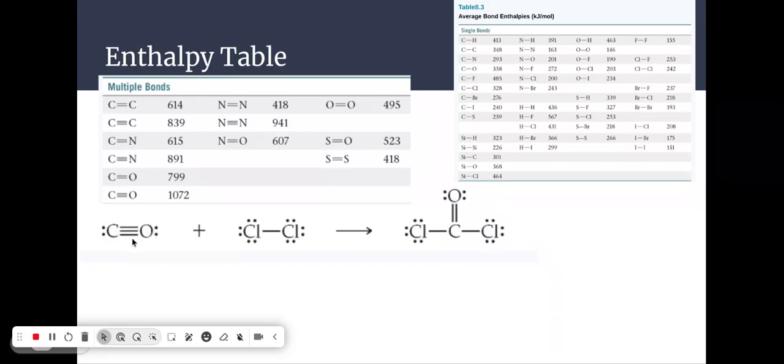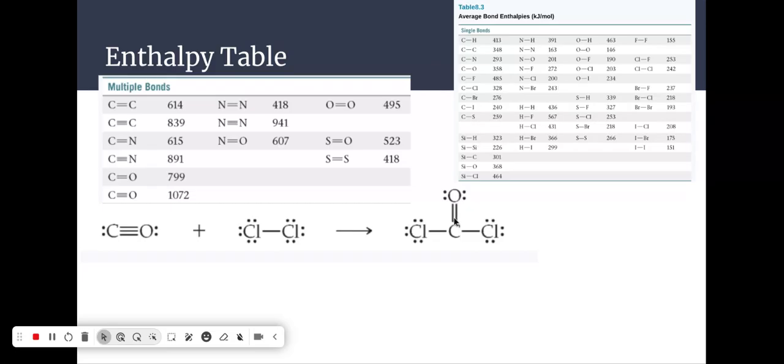The carbon and oxygen are connected by a triple bond, and the chlorines are just connected by a single bond. Over here, the bonds are different, so that's how you can calculate it, and you want to use the enthalpy chart.